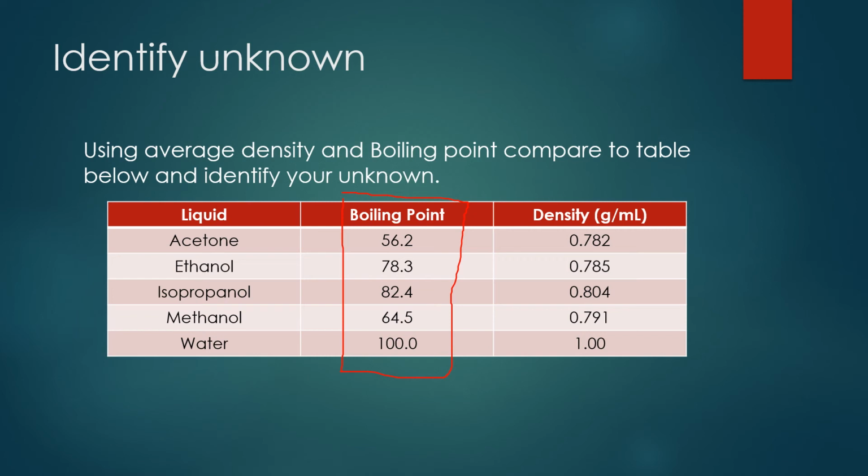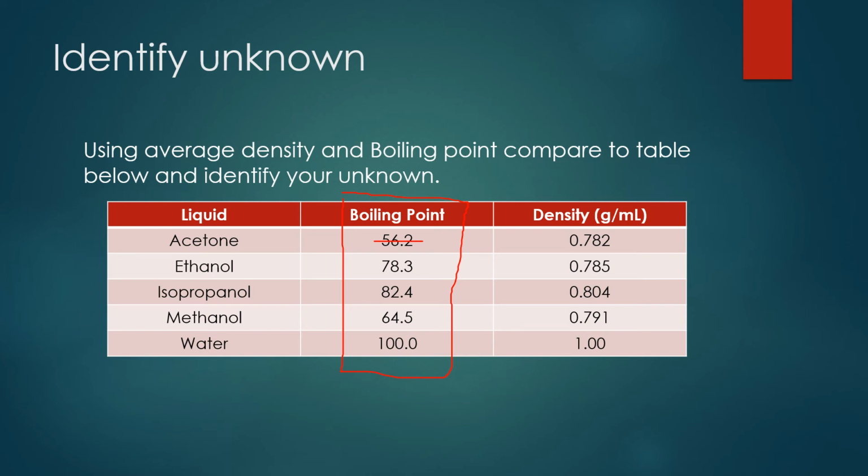So 56.2, that's way off, so we know it's not going to be acetone. 78.3, well, that's a possibility because 79.5 isn't too far off from that. For isopropanol, it's 82.4. Well, we did get one of the boiling points at 81, so it could be isopropanol as well.